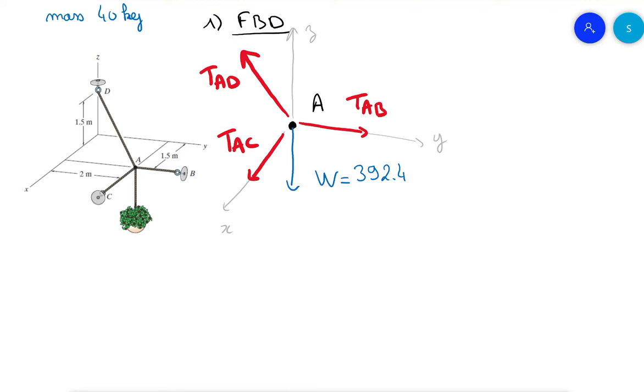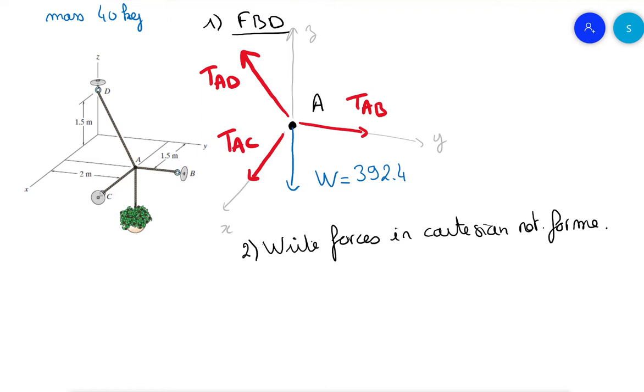So now the second step will be to write the forces in Cartesian notation form. Okay, so we have W that is on Z, so minus 392.4 k hat.